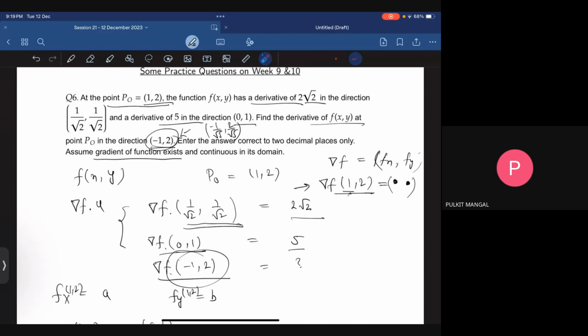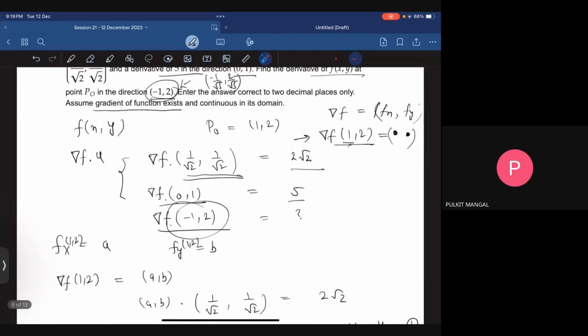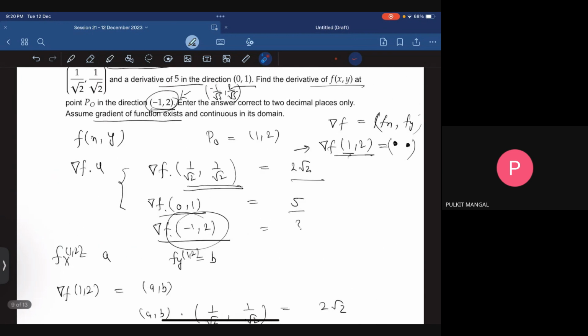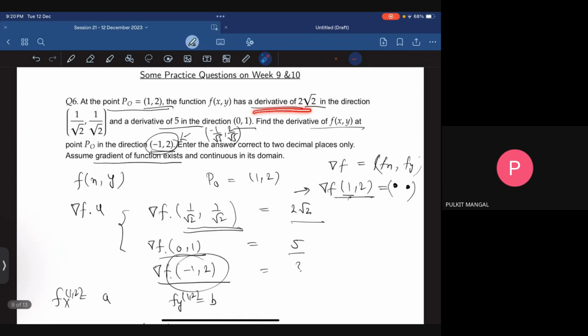So I'm considering the gradient of f at the point (1, 2) as (a, b), and then plugging in the values given in the question.